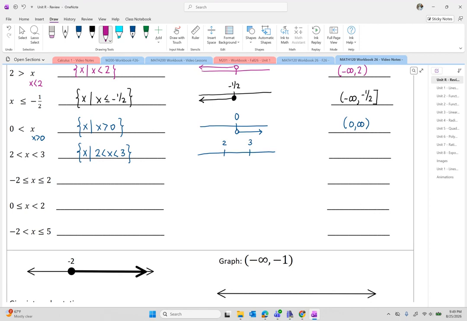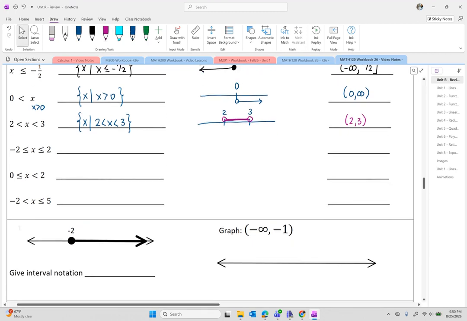So you want to shade the part of the number line between 2 and 3. I cannot equal 2 or 3, so there will be open circles on both ends. The interval notation is parentheses 2, comma 3, parentheses.